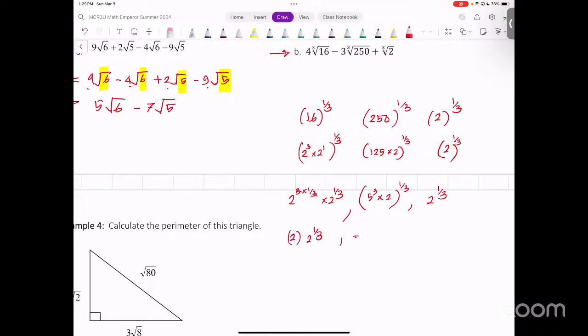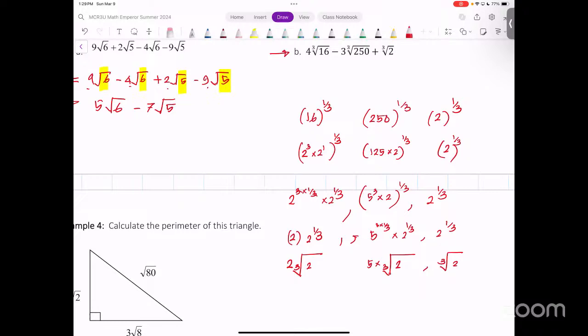This is 5 cubed times 1/3 times 2 to the power of 1/3. Let's rewrite them. This is 2 times cube root of 2. This is 5 times cube root of 2. And this is simply cube root of 2, isn't it?